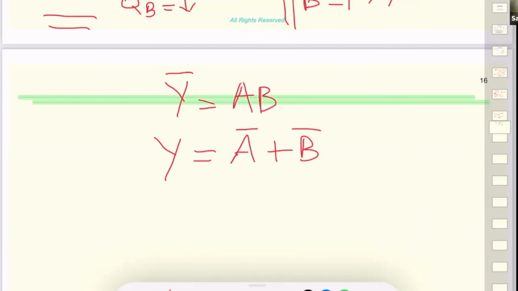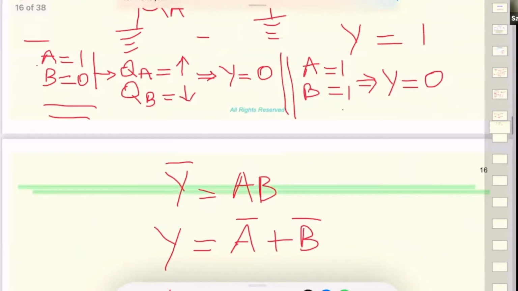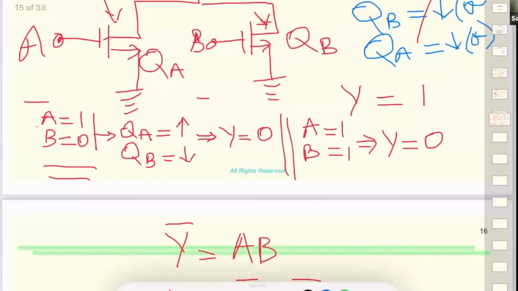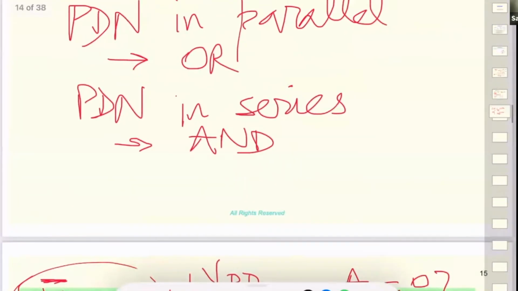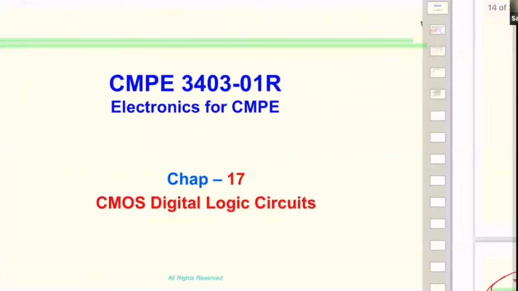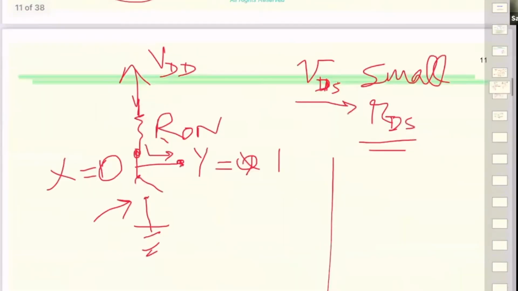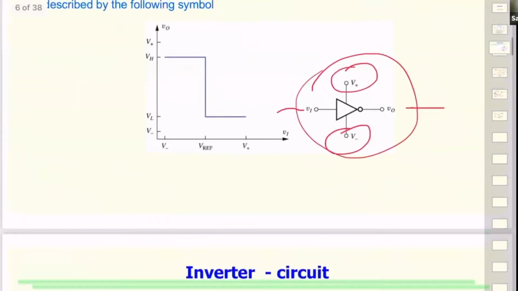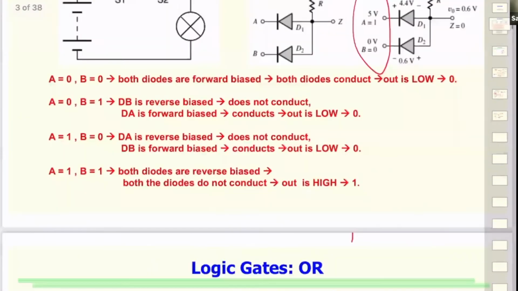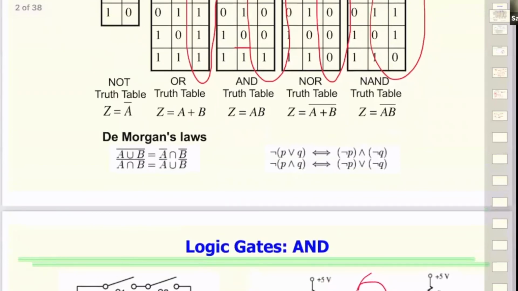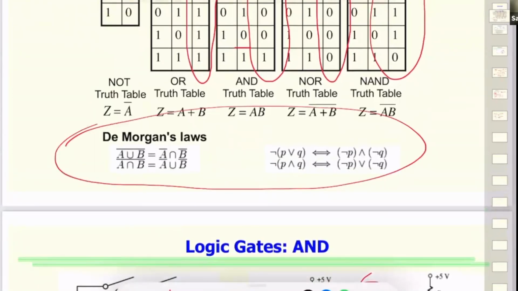The Boolean algebra properties show how we can convert expressions from one form to the other. I had written that on the first slide, where we had De Morgan's laws. This connects our ANDs with ORs and ORs with ANDs.